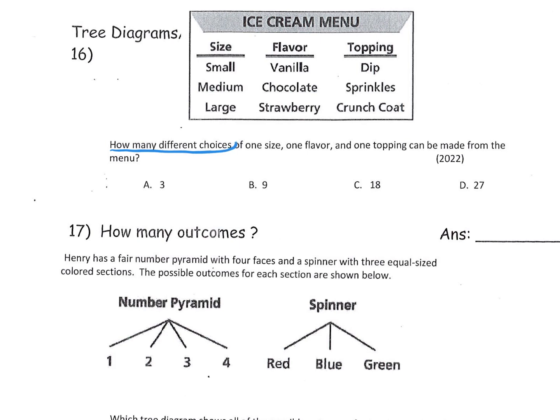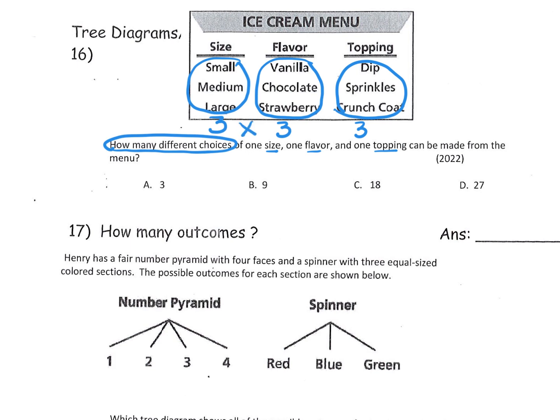How many different choices or combinations of size, flavor, and topping can be made from the menu? Well, in our first pool of elements, we have 3. In our second pool of elements for flavors, we also have 3. And for our toppings, we also have 3.